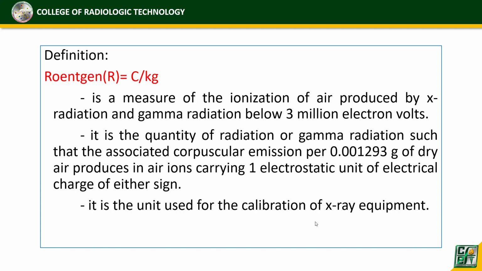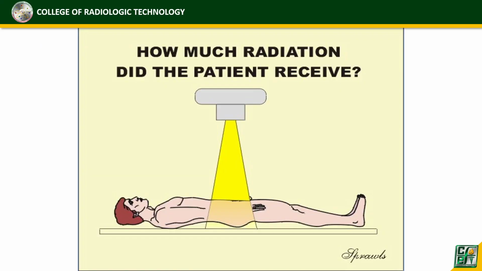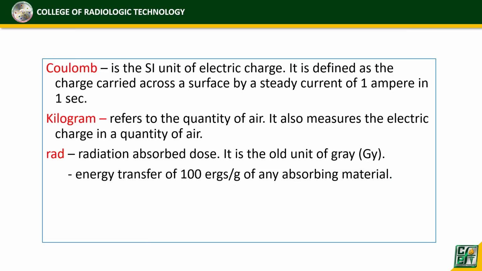So therefore, it is only right to use Röntgen or coulomb per kilogram na unit for the calibration of X-ray machines. So next is how much the patient. Okay, so SI unit niya is coulomb per kilogram.